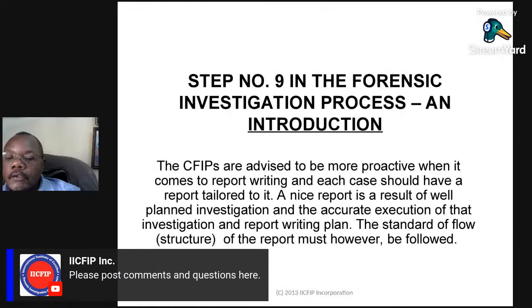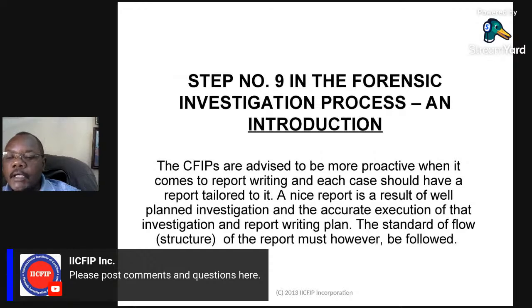Number 4, that is section number 4. This is where you outline the limitations to your investigation, what you intended to do and you think was important for the proper conclusion of the report.